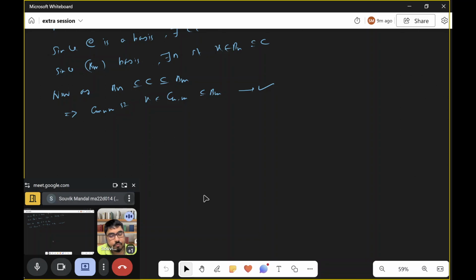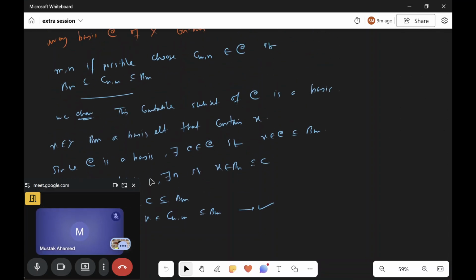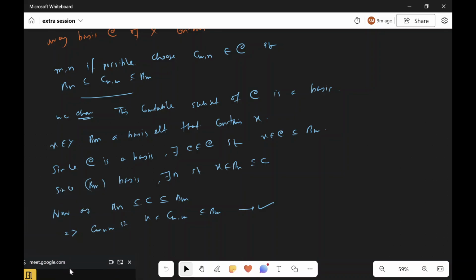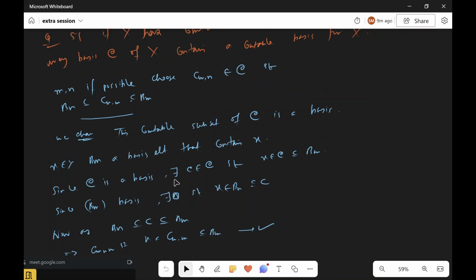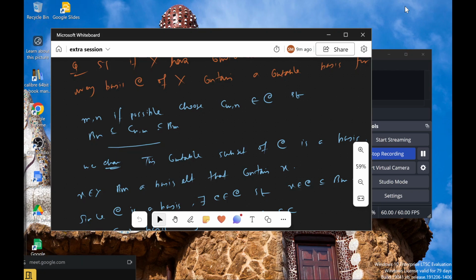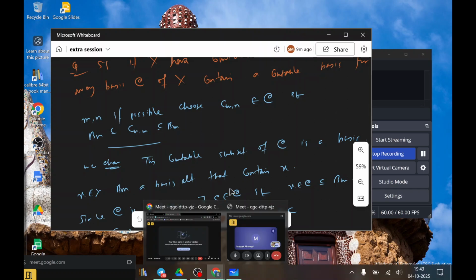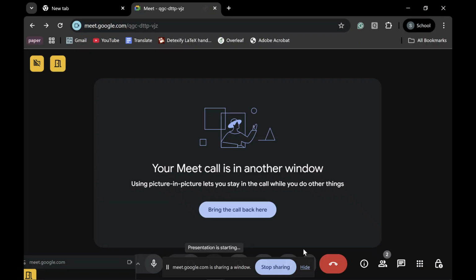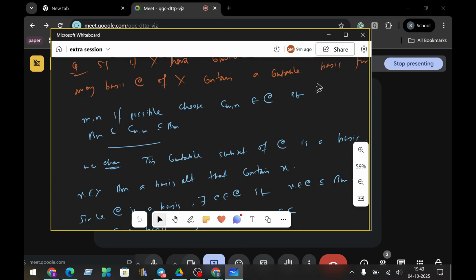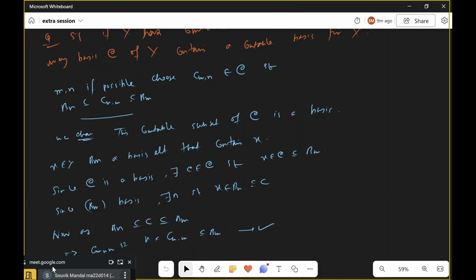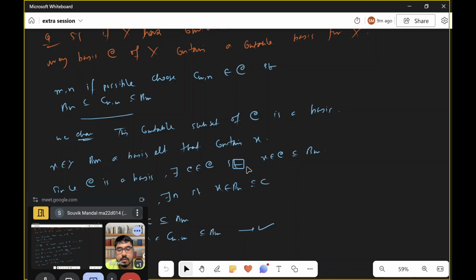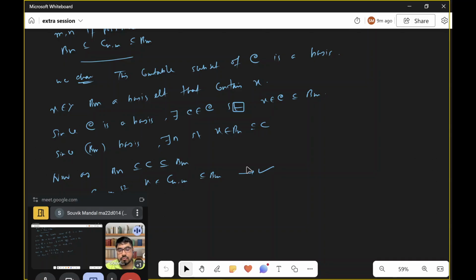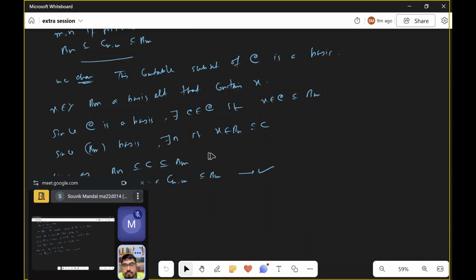So this is the way we are proving this. Basically, we're choosing a countable subset C from the basis, and then B_m is a basis element that contains x.